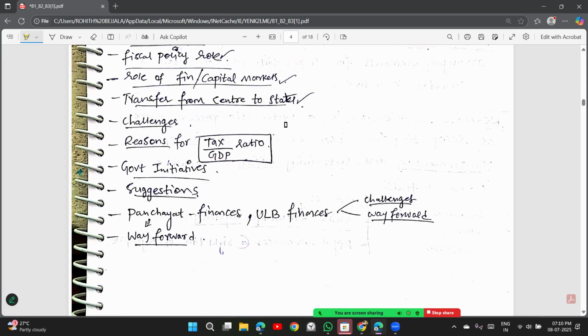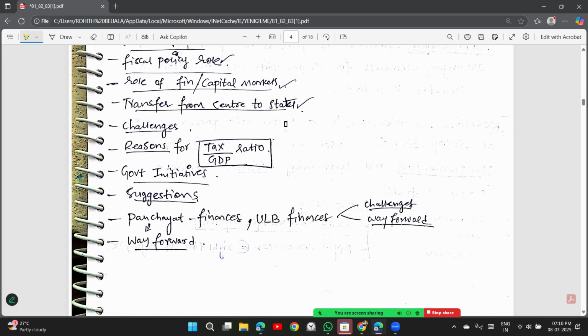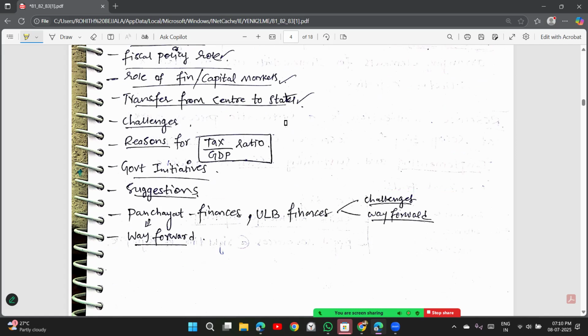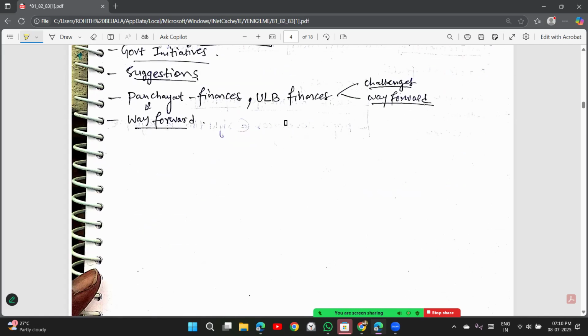We'll also cover the challenges in India in the mobilization of resources, a few government initiatives, and what can be done to improve resource mobilization.